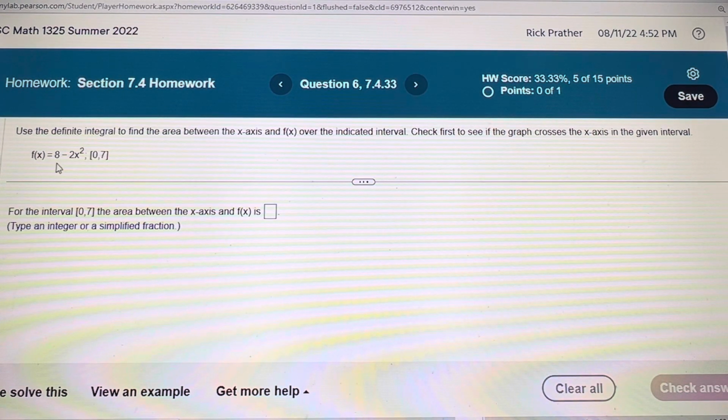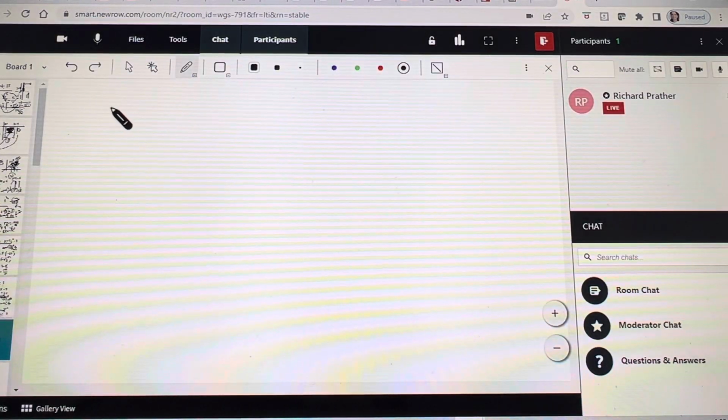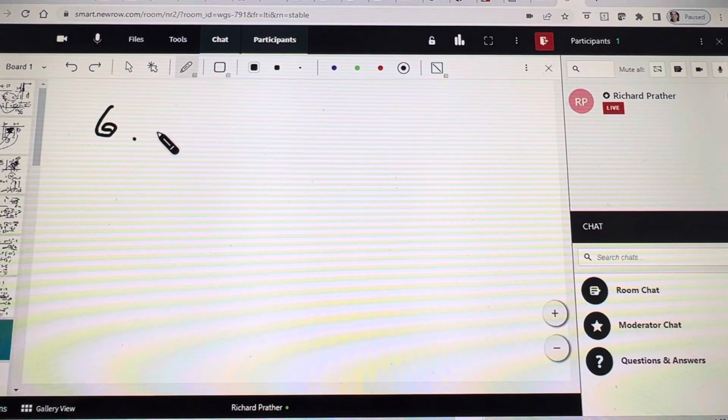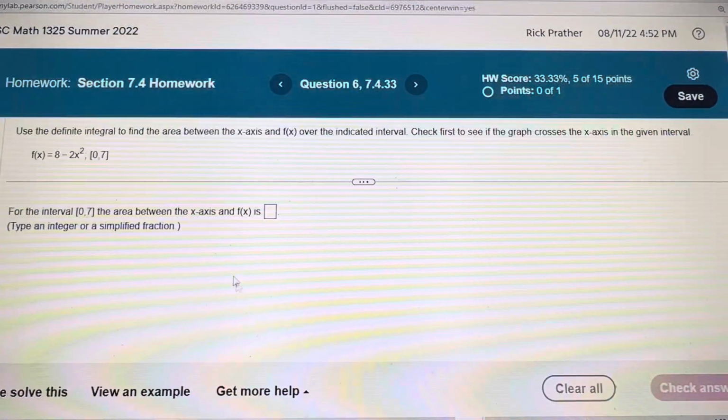So 8 minus 2x squared all the way from 0 to 7. Eight minus 2x squared, this is the original function. From 0 to 7. And it is about area, the area between the x-axis and f of x.